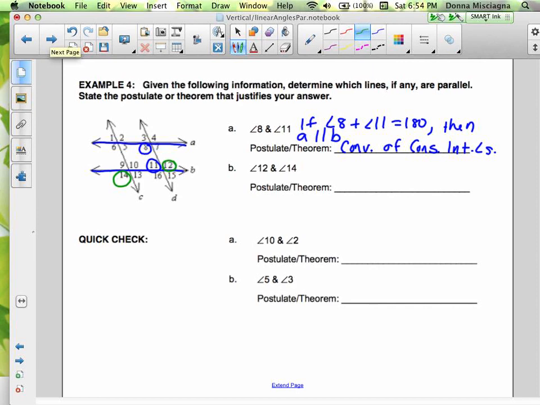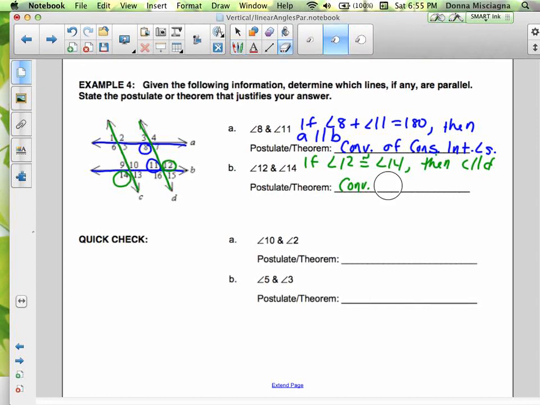So if angle 12 was congruent to angle 14, then the lines that they're on opposite sides of, or on the outsides of, which is these 2, then C would have to be parallel to D. Line C would have to be parallel to line D. And the theorem we're using is the converse, because we're working backwards, of the alternate exterior angle postulate.